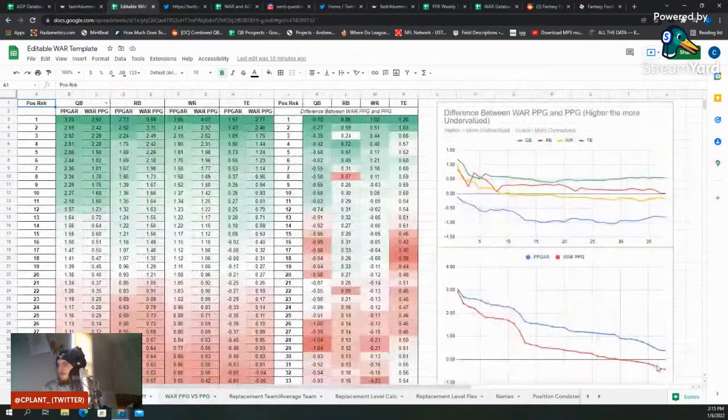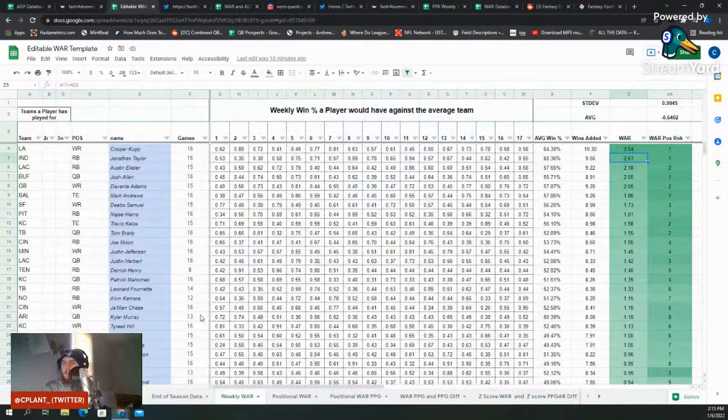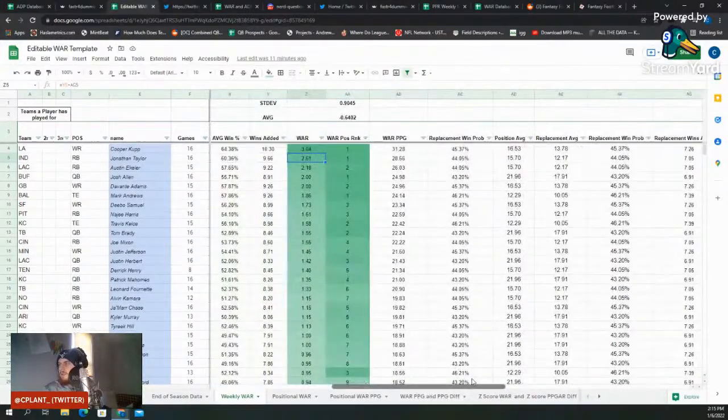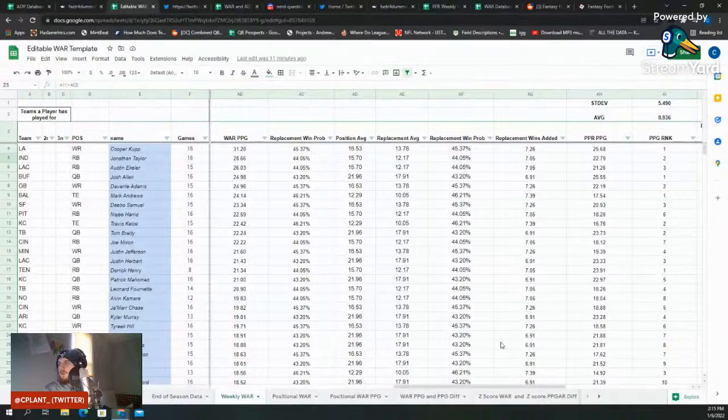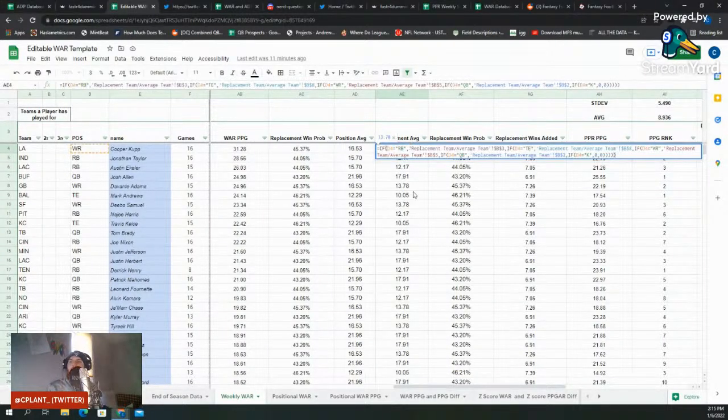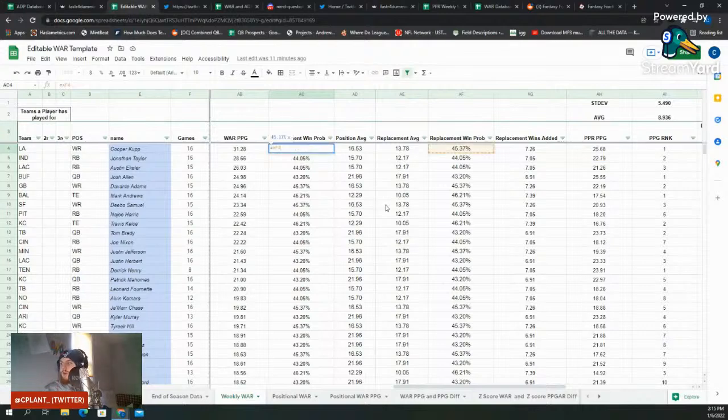Sorry, I'm getting ahead of myself here. So, according to the weekly WAR, after I calculated replacement level, I put it in. I basically was able to calculate what the replacement level player on average would get each week in terms of win probability, right?